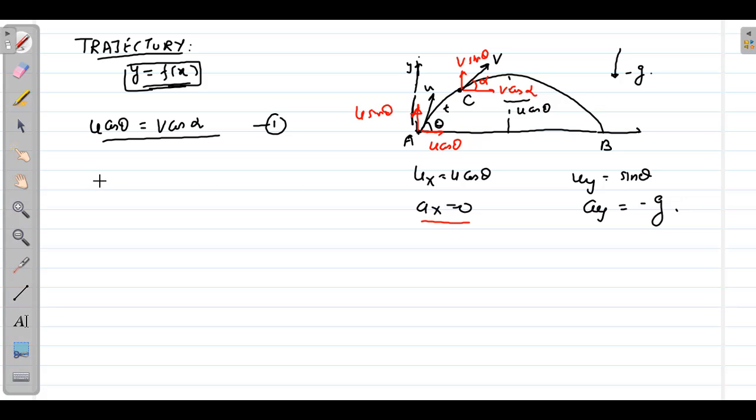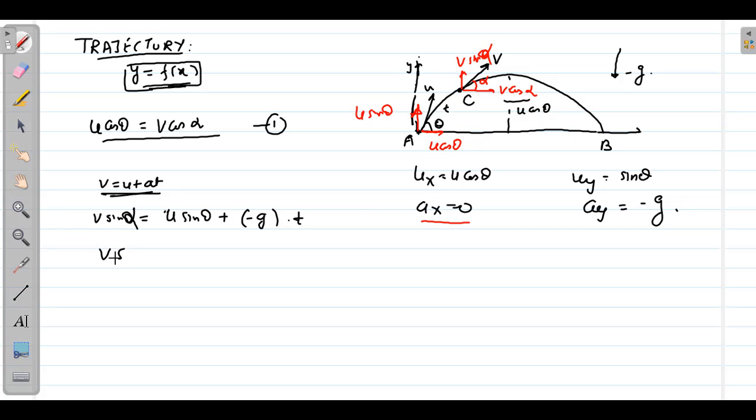So we can write, using the equation v equal to u plus at, v sin alpha equal to u sin theta, which is upward and so taken positive, plus, and acceleration is in the downward direction, minus g into t.